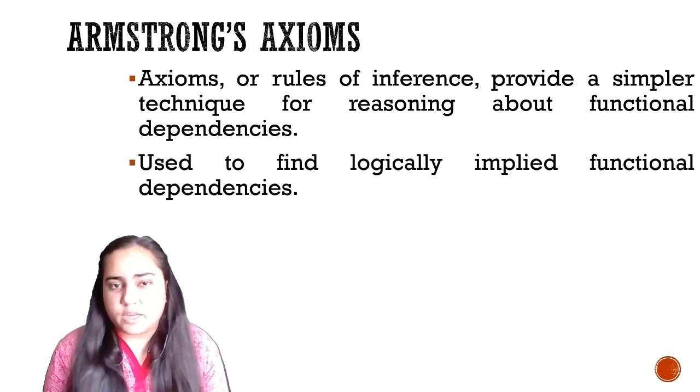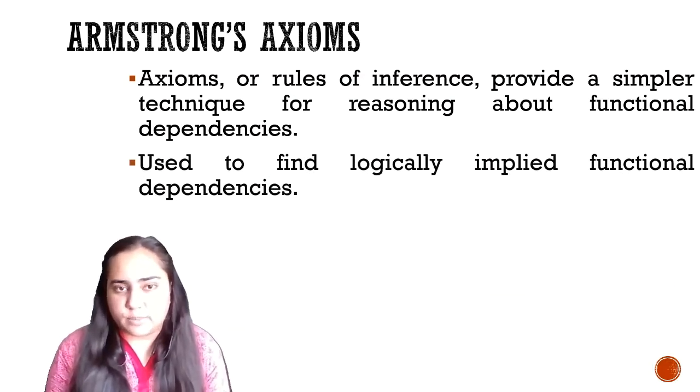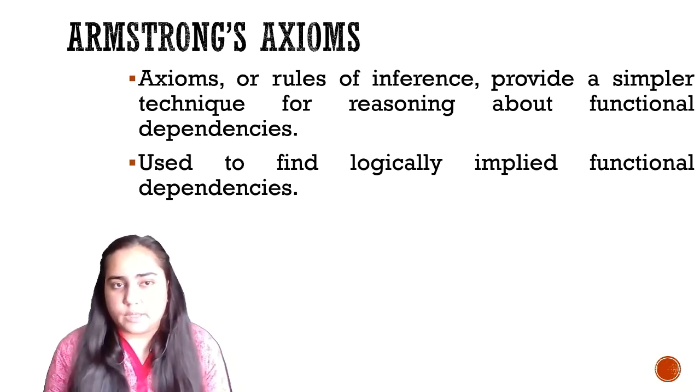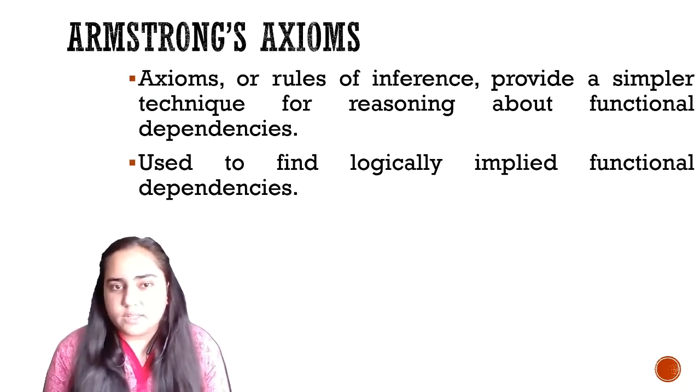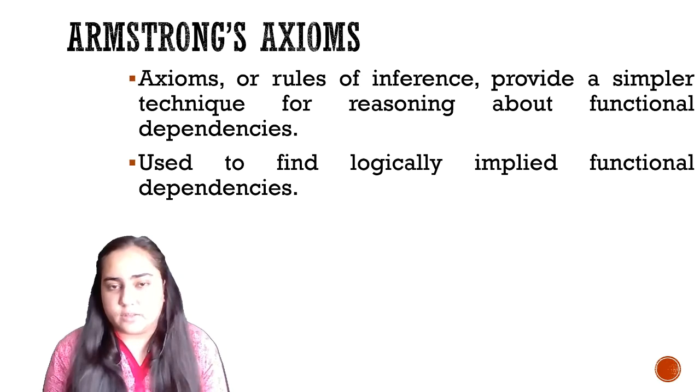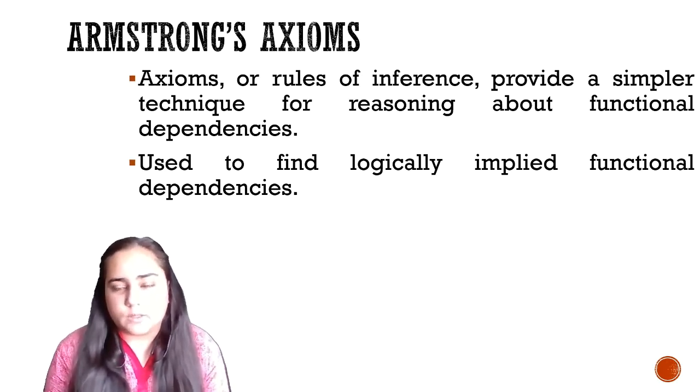When you want to find all logically implied functional dependencies from a given dependency, you will be using Armstrong's axioms. You'll understand the significance of this when you study normalization, because in normalization, we try to eliminate functional dependencies as much as possible.